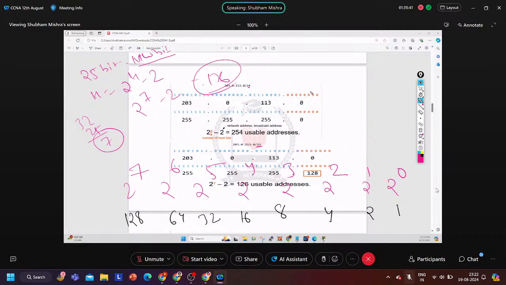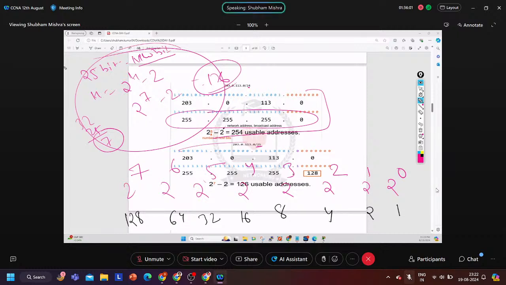See, in this question we configure the subnet mask, but here we are not going to calculate the subnet mask. By the help of this trick, you can easily calculate the number of usable hosts or the number of host bits. Yes or no, everyone? I hope you guys understand.